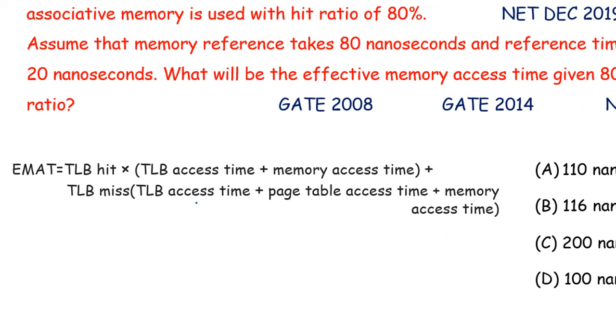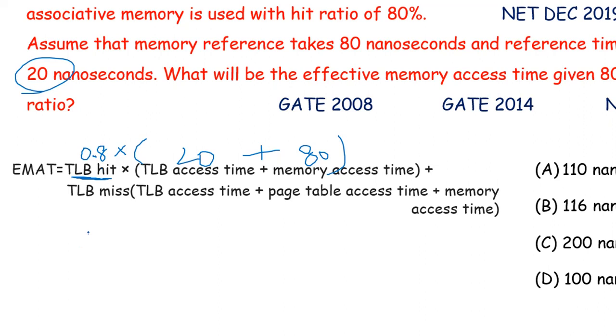So let us put values. TLB hit ratio: we are given 80% hit ratio, so TLB hit will be 80%, that is 0.8, into TLB access time, which is given as 20 nanoseconds in the question. So we will take 20 plus memory access time, which is 80 nanoseconds, plus TLB miss ratio. Now what will be the miss ratio?